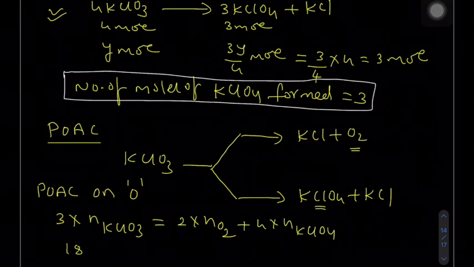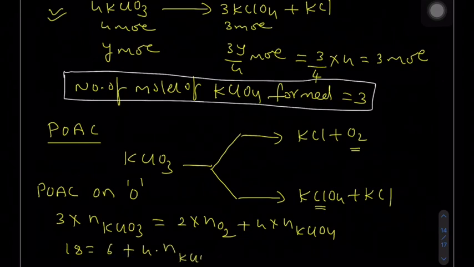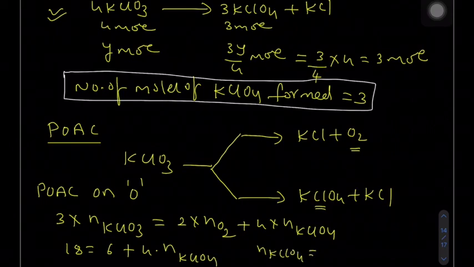So 3 into 6, 18, will be equal to... how many moles of oxygen are given to you here? 3. 3 twos are 6 moles, plus 4 into the number of moles of KClO4. From here, the number of moles of KClO4 will be equal to 18 minus 6, that is 12, 12 by 4. That is the answer, 3.